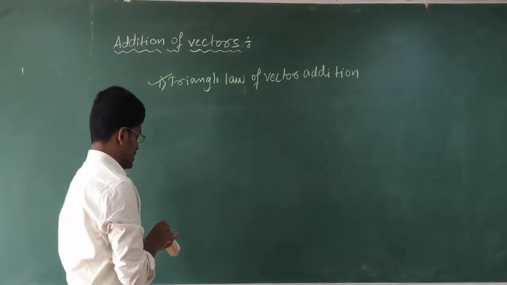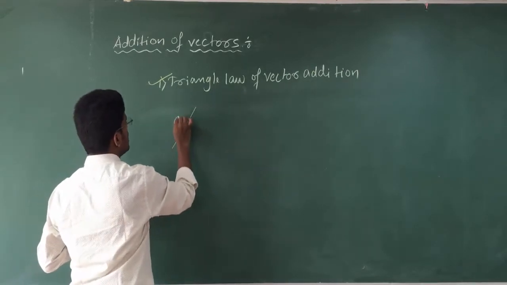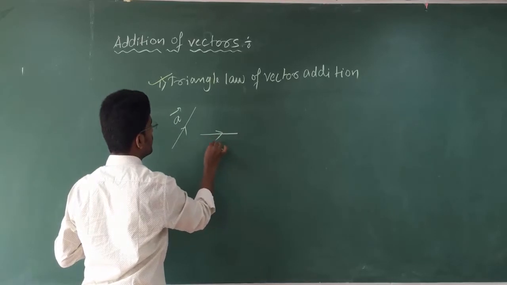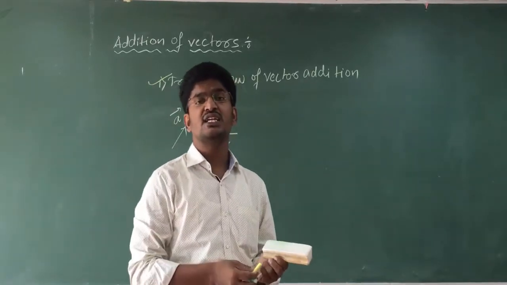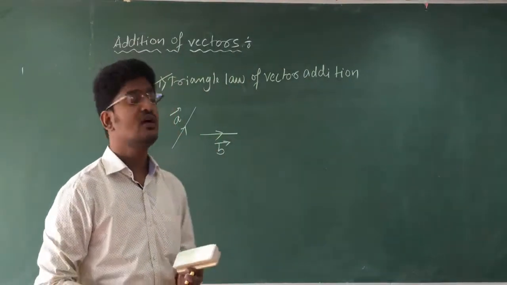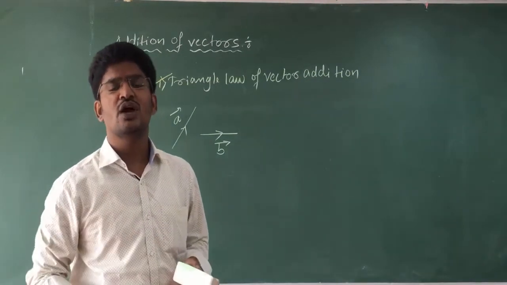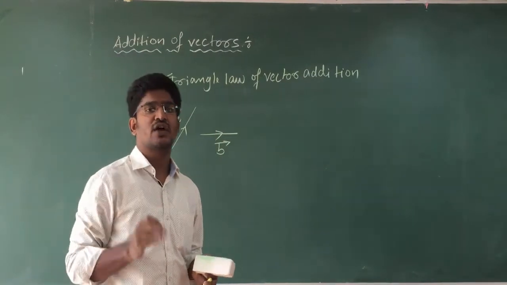Let us take vector A and this is vector B. Now I want to find the resultant of vector A and vector B.